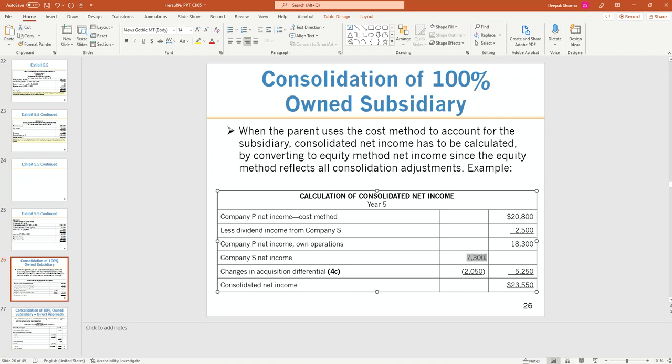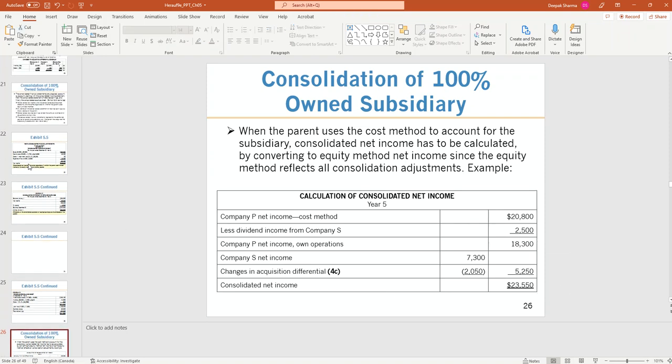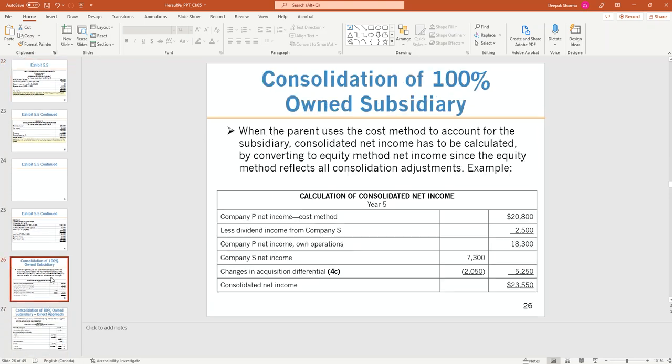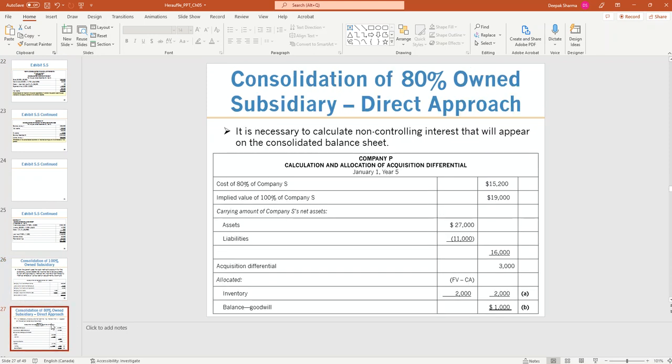Then we look at the subsidy income, we reverse back the acquisition differential, and that gives you a net number. You combine that, that is your net income. So now if you go look at the net income that we produce here, numbers are the same. Okay, so that is when you have 100% ownership on the subsidy.